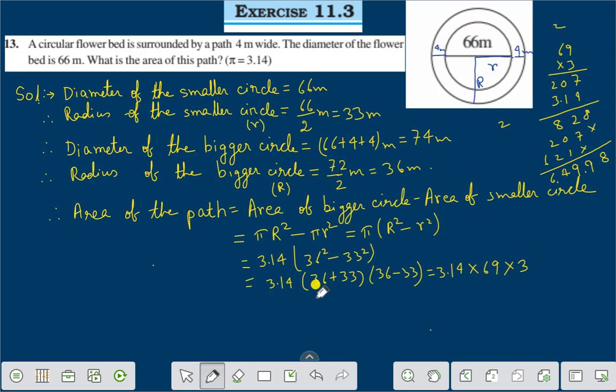Therefore the answer comes to 649.98 meter square, is the area of the path.